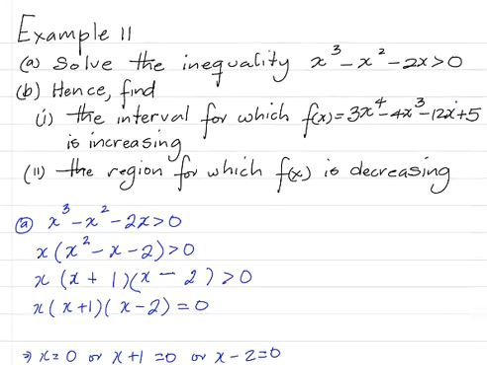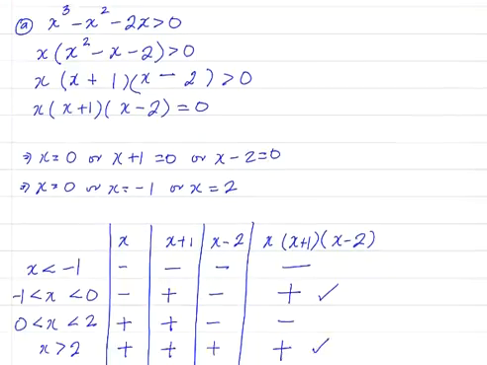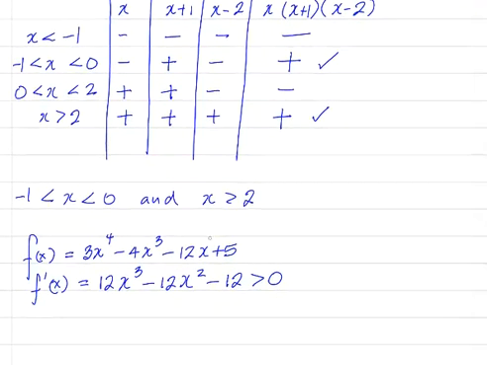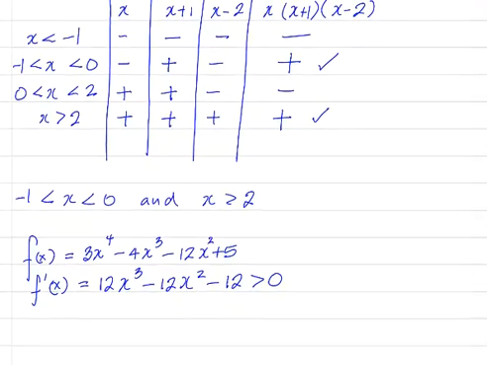If there was a square there, this would have been 24x, and this would be greater than 0.